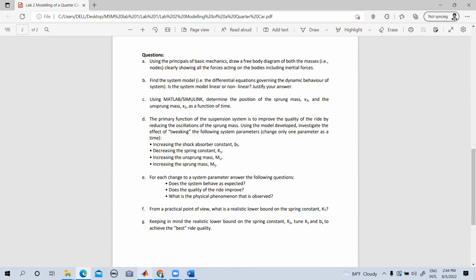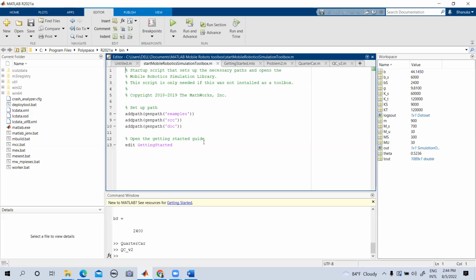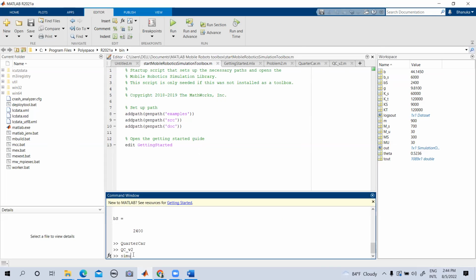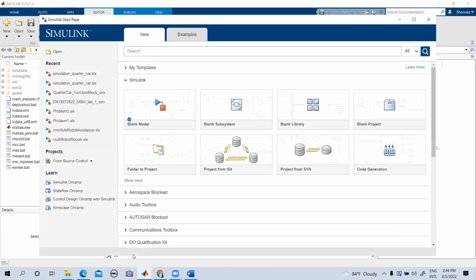So I will go to MATLAB and open Simulink here. I have actually modeled this earlier so that you can refer, but I'm not going to share this with you. You have to model this by yourself.